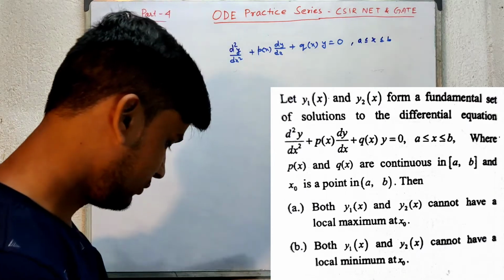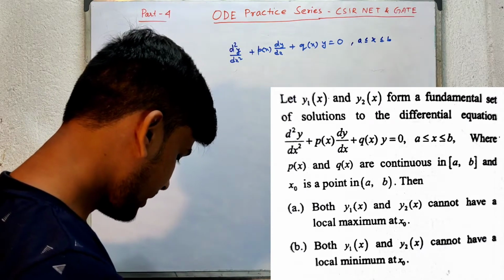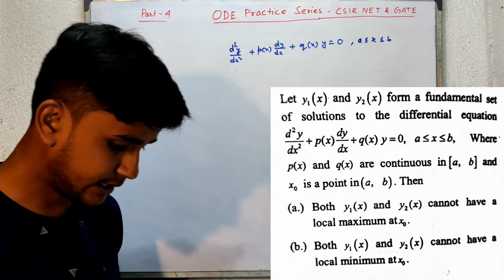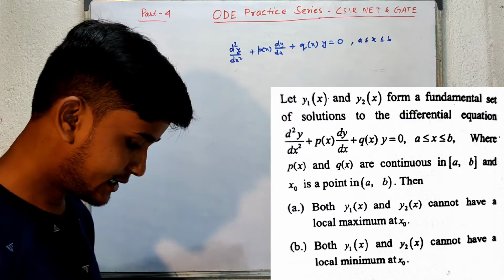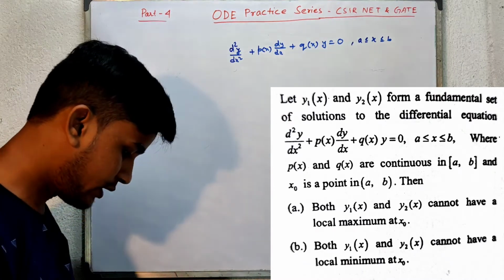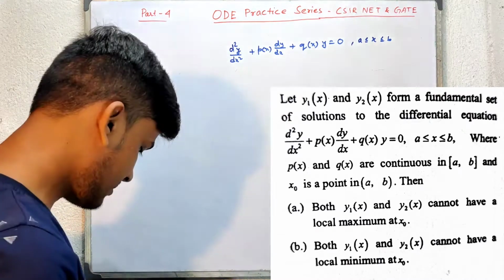This is the differential equation, and p(x) and q(x) are continuous in the closed interval [a, b], and x0 is a point in (a, b). Then both y1 and y2 cannot have a local maximum at x0.